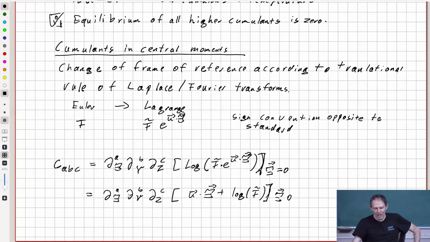So when you evaluate this, after evaluation of the derivatives, we put xi equal to 0. Say for the zero order moment, we put c equal to 0, then this is gone. Because this is linear in xi, only the first derivative will give us a non-zero value, and this will be exactly u.